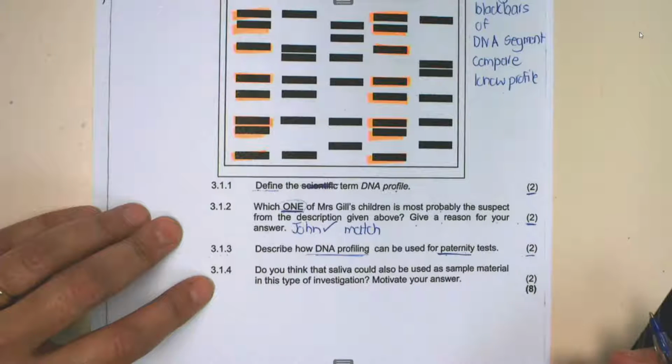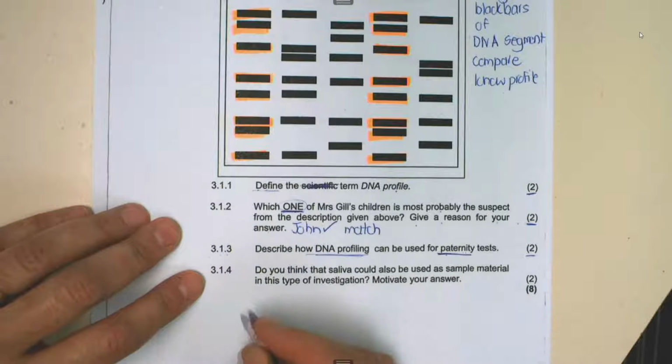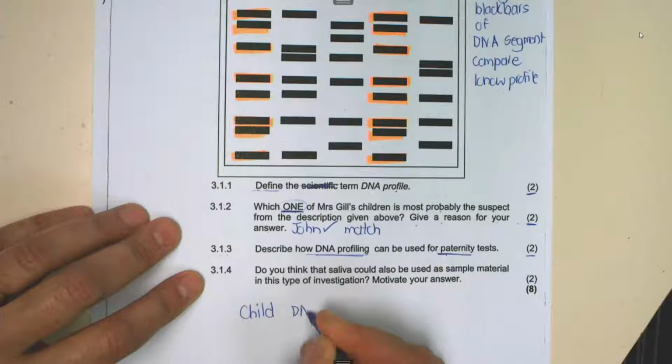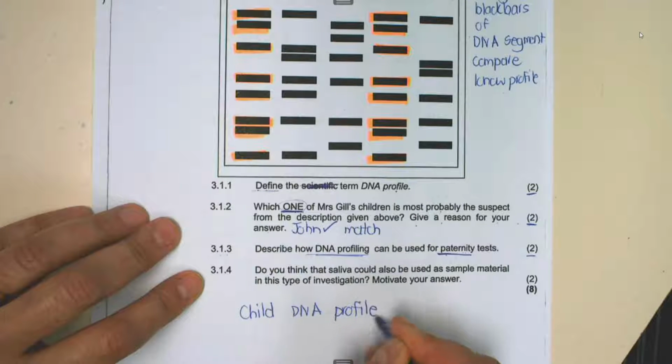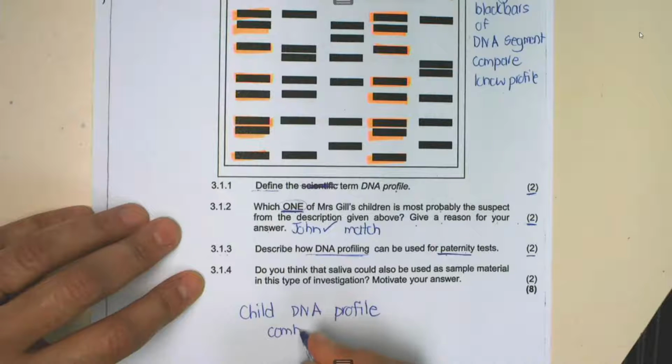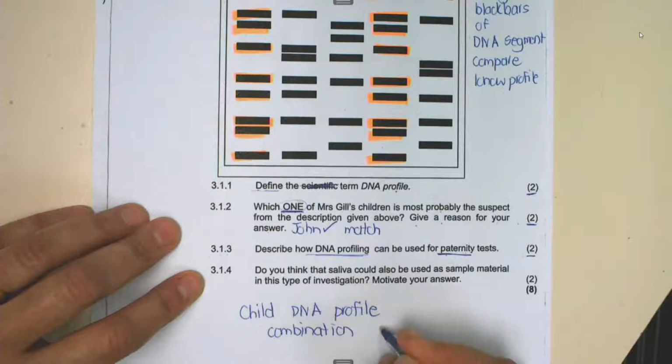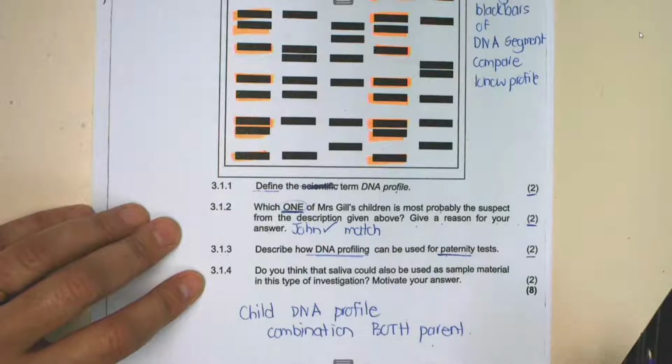So we can say that the child's DNA profile is going to be a combination of both parents. And because of that, we can use that as proof.